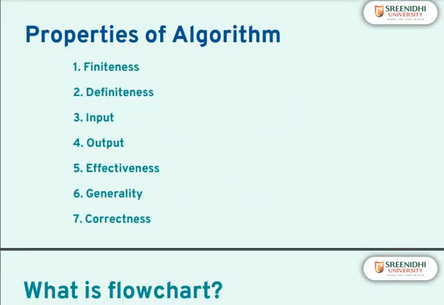So as I told you, algorithm is nothing but a step-by-step representation of all the statements of any particular program. You can use your own simple English language sentences. But we need to follow certain rules, certain properties.